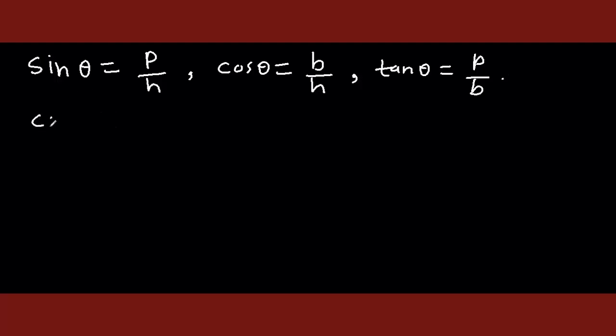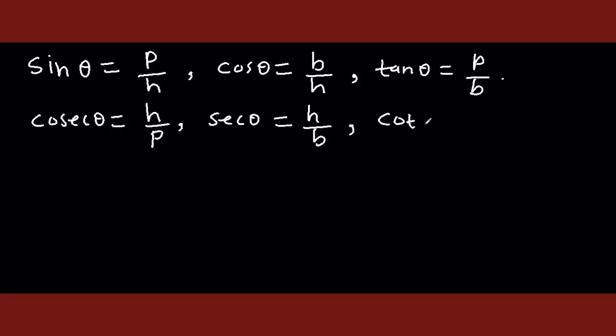So cosec theta will be given by hypotenuse by perpendicular. Secant theta or sec theta is given by hypotenuse by base, and cot theta is given by base by perpendicular.